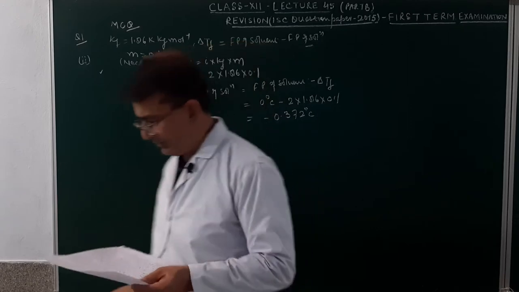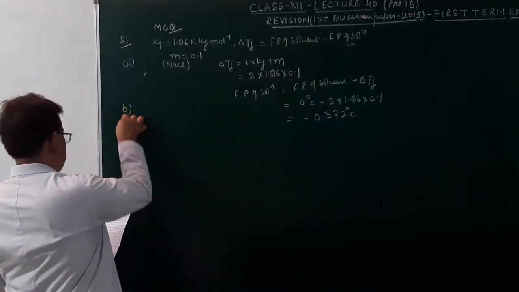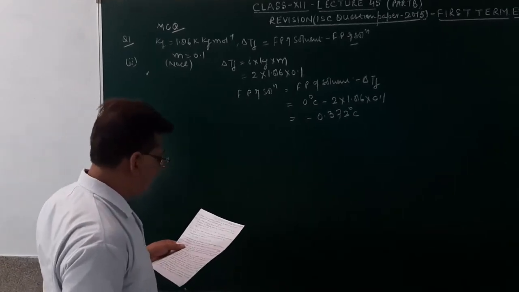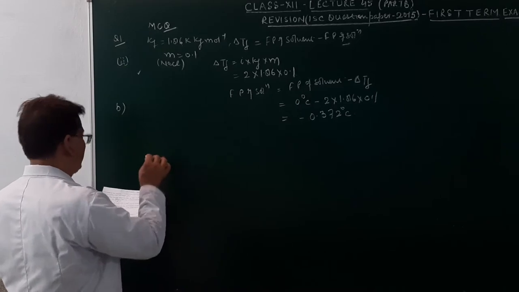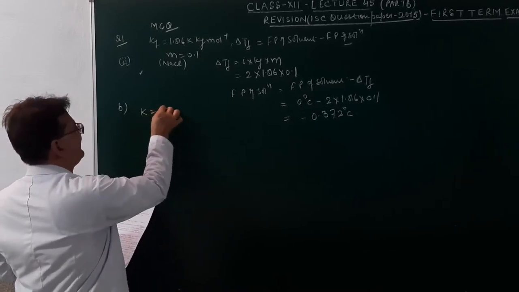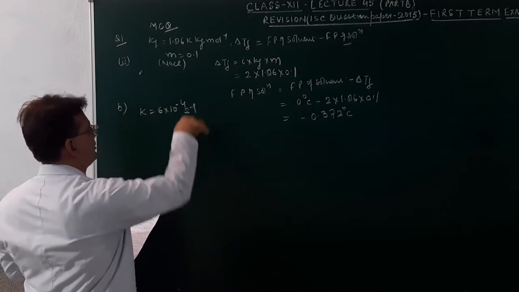Now look at the B part of the question. For the first order reaction, the rate constant for the decomposition of N2O5 is 6 into 10 raised to power minus 4 per second.